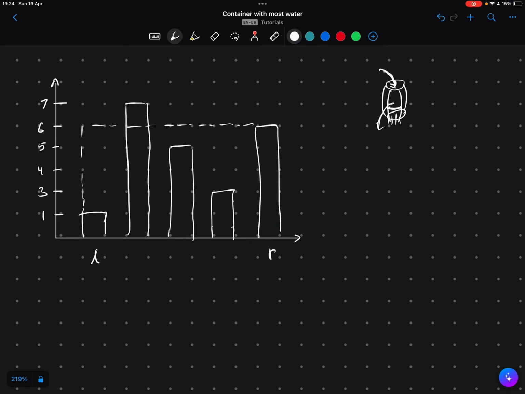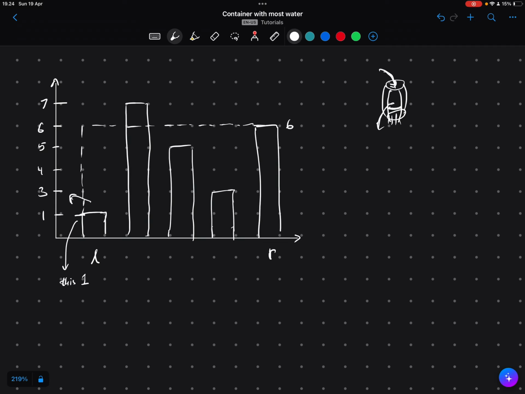If you have a rectangle and we have it capped at 1 over here, we have this at 6, sorry. So if you have it like that, then the maximum amount of water that you could fill in this hypothetical rectangle would be limited by this 1 over here, right? Because that's the maximum you can fill before it starts spilling out.